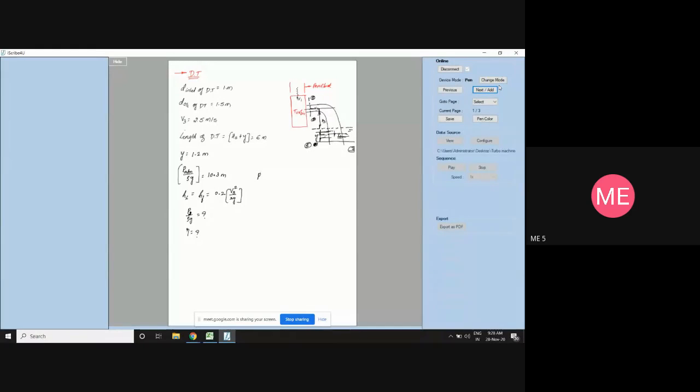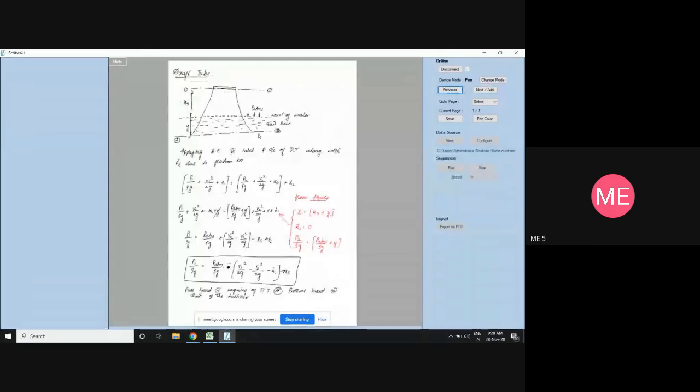What is the formula we are given in this figure? P1 by rho g plus P atmospheric by rho g is equal to P atmospheric by rho g minus V1 square by 2g minus V2 square by 2g minus HL minus HS.